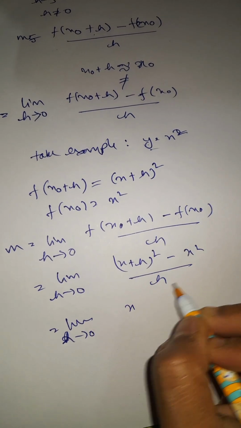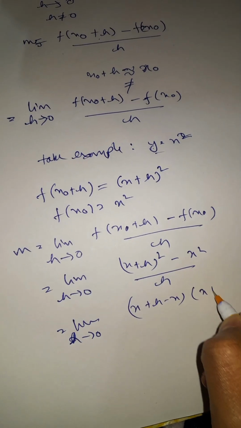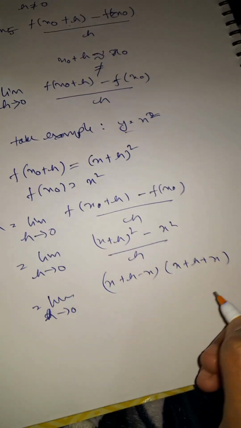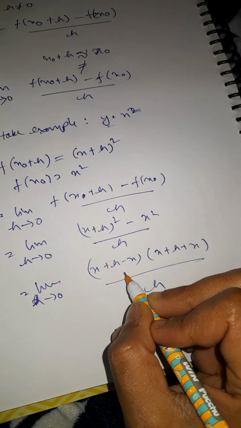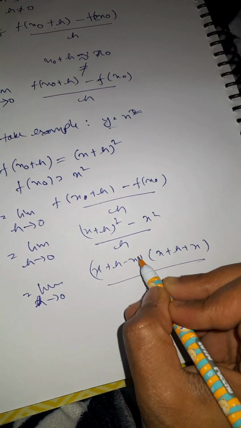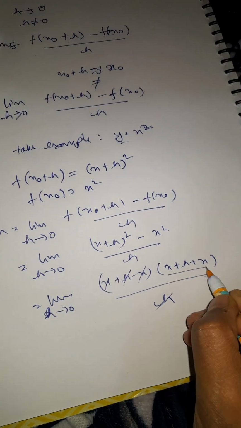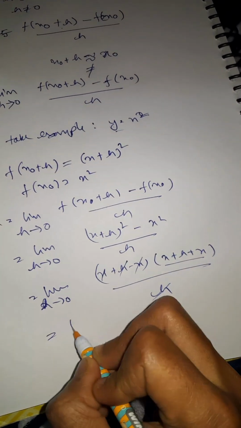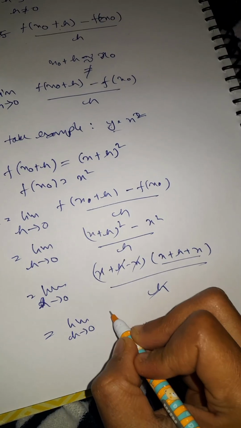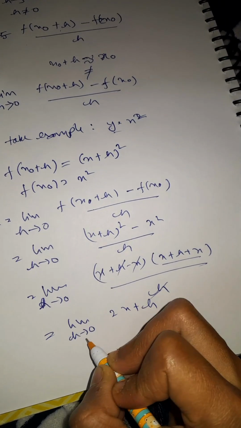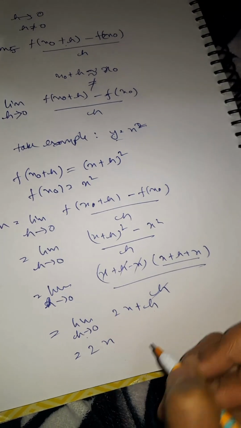We'll apply the a square minus b square formula here. From here the x square will be cut and h cancels h. We'll get the answer as limit h approaches 0 of 2x plus h. When we put h as 0 here, we'll get 2x as the answer.